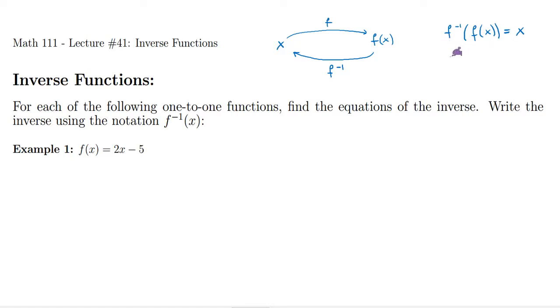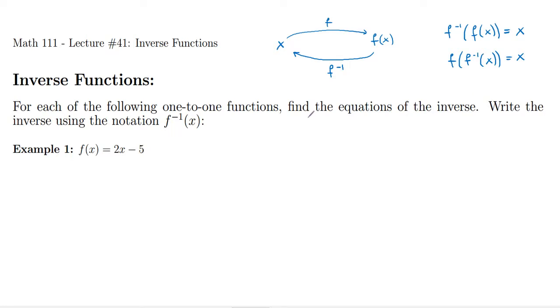But I also have the composition in this way, f of f inverse of x, which is also supposed to be x. That might look a little bit confusing, but this is also valid.